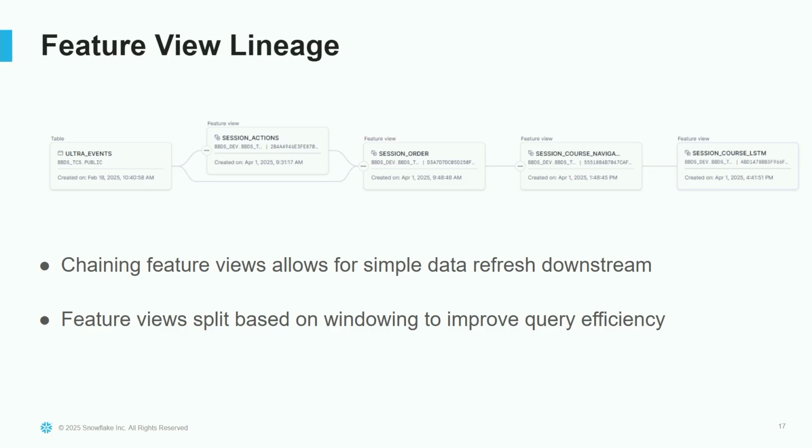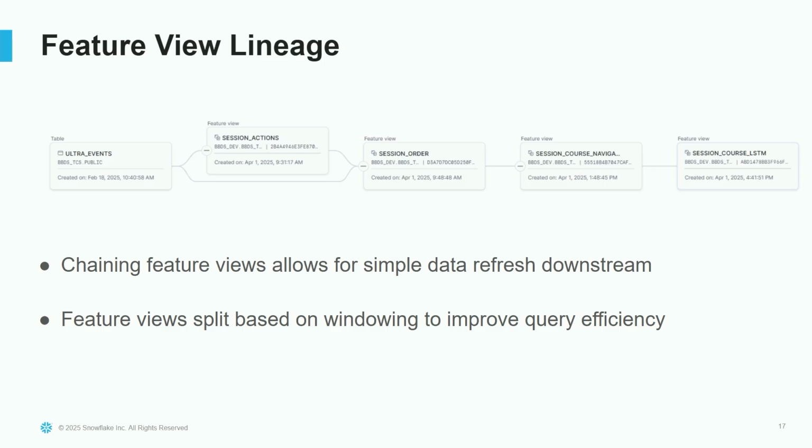So you see at the end, those are the last step of the features that are going into the model. And why do I have 4 other tables beforehand instead of just having all of those transformations in one? They're split out based on windowing and other things to improve query efficiency, or because features more upstream are going to be used for something else as well, other experiments.